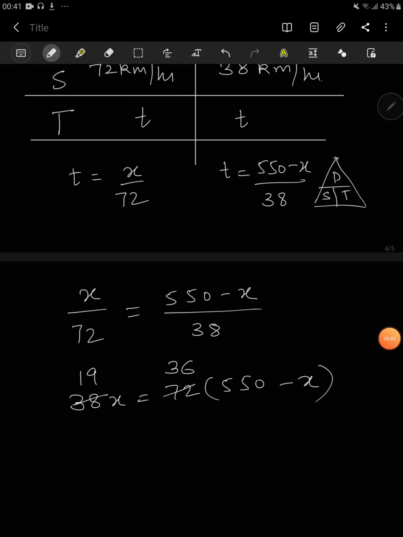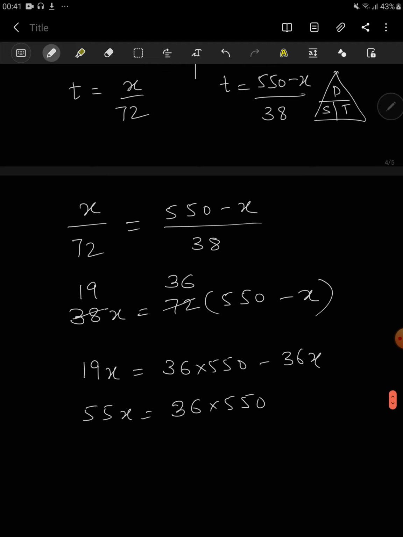Now solve this. 19x is equal to 36 into 550 minus 36x. Taking 36x to this side, it will become 55x, which will be 36 into 550.